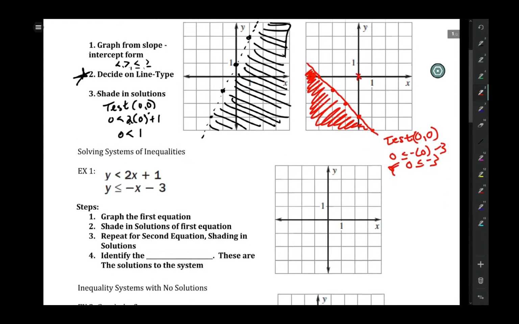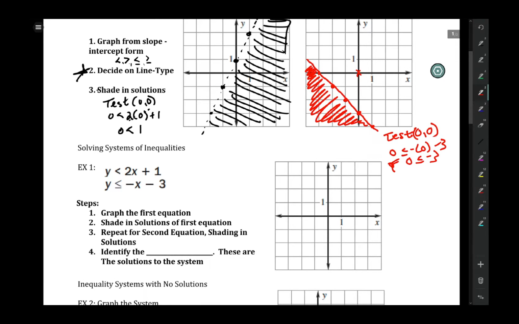Now, solving systems of these inequalities. If you're noticing, now we're going to be graphing 2 at once again, just like our graphing. So if you weren't getting graphing the first time, here's where it'll still come into play. Now, if you notice, these are the same equations from above. This is equation 1, and this was equation 2.